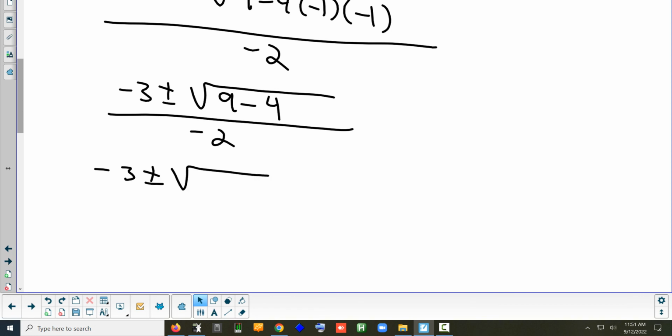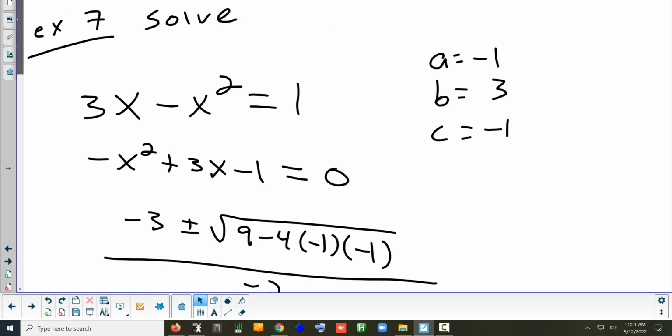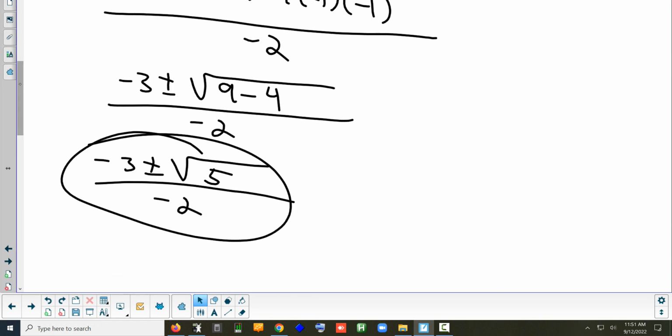And 9 minus 4 gives me 5. Now, if it says solve, and it was very vague, didn't say I needed a decimal, we can leave it just like that. That's the final answer. Okay, any question on that?